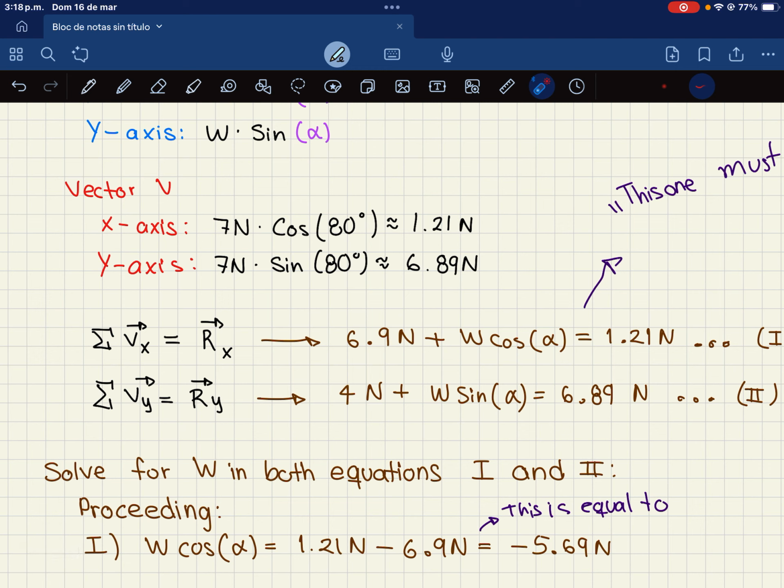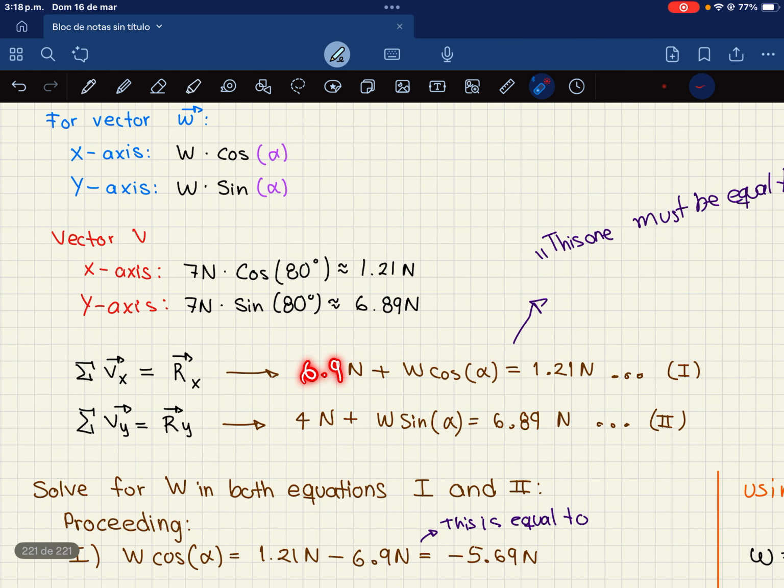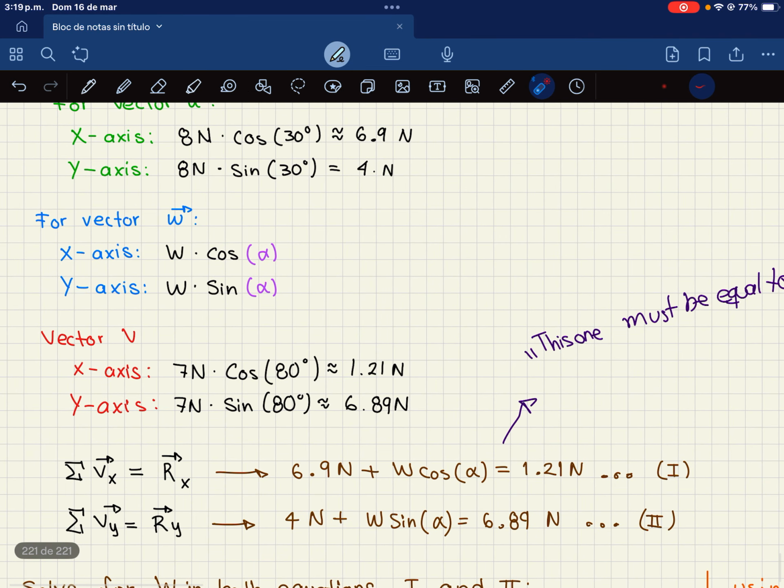Well, it is known that the sum of the individual components of each vector in the x-axis is equivalent to the x component of the resultant vector. So we have 6.9 newtons from here plus W times cosine of alpha from here.